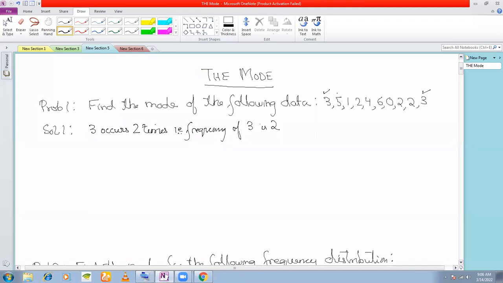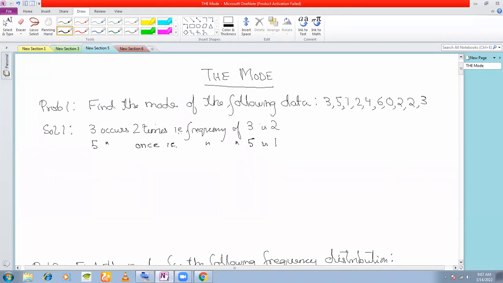If you see the next number, 5, 5 occurs only once, right? That is, frequency of 5 is 1, right?